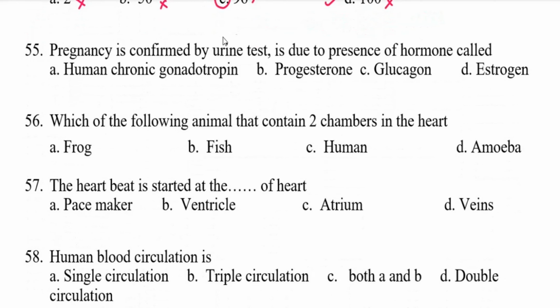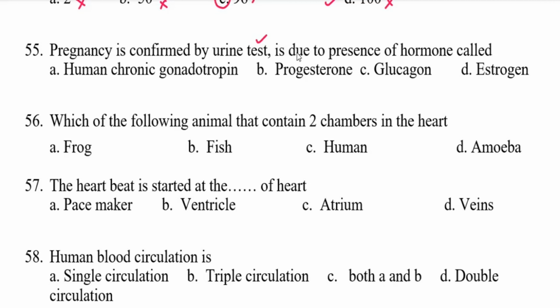Coming to 55. Pregnancy is confirmed nowadays by urine test due to the presence of a hormone called. It means a urine test confirms the pregnancy, whether a female is pregnant or not. Nowadays we are using Prega News and different kits like that, which functionally depend on the urine. The female urine contains a hormone that is the indication for pregnancy.